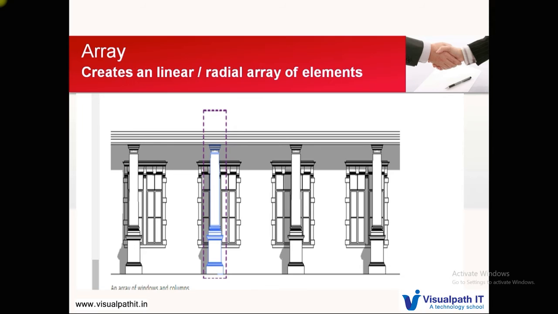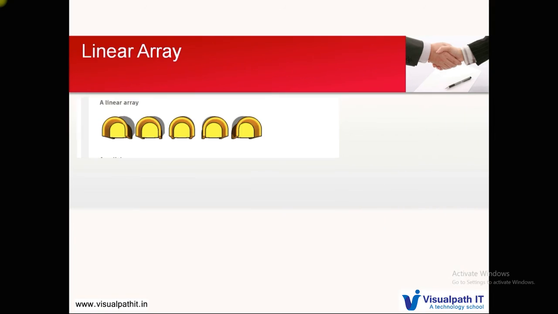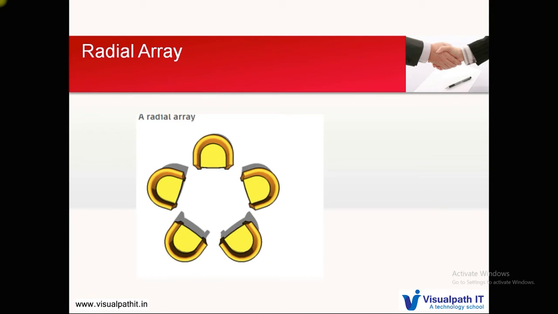So array comes not in place of walls, but when furniture is placed. So let us place a furniture and define that. So it can be columns. When I talk about a linear array, you can say furniture is placed at some specified distance. Radial array is arranging the objects, elements in a radial fashion, in a circular manner.